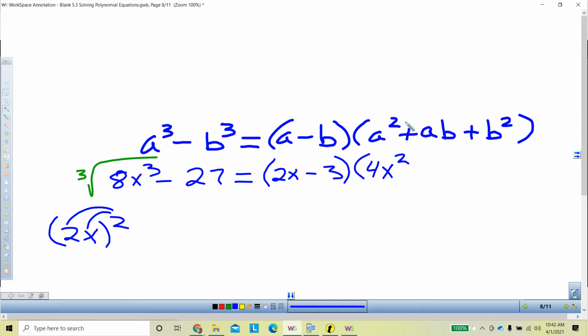So plus, because that plus in the parentheses, plus 6x. 2 times 3. It's okay, ask all of those questions, because it'll seem like I'm pulling stuff out of places you didn't want to see me pull stuff out of. Alright? So 3 squared is 9. So don't write 3 squared here, just write 9.